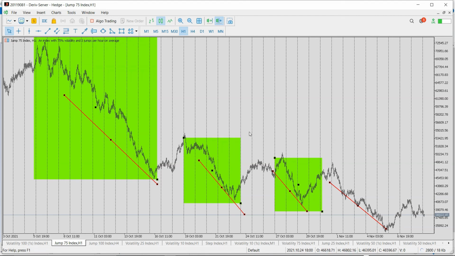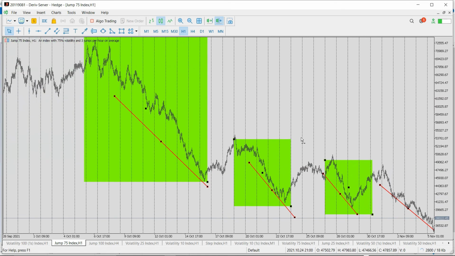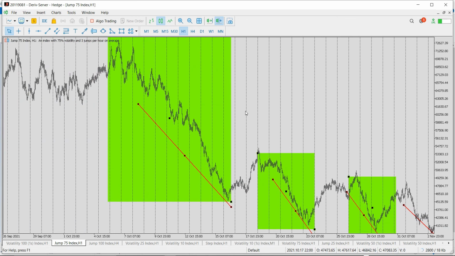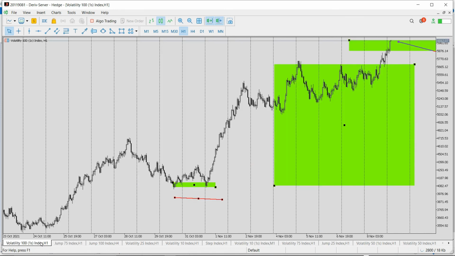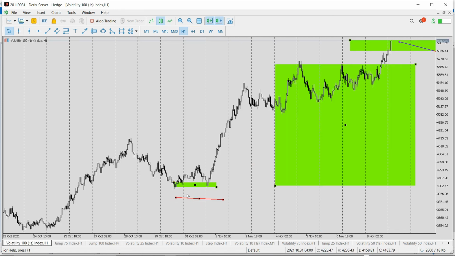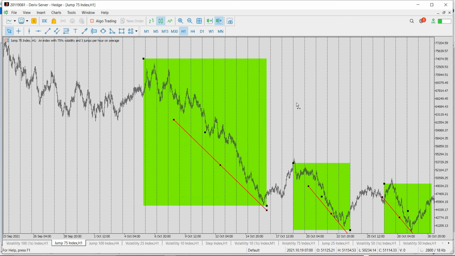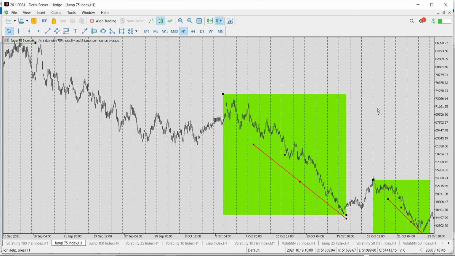So at this we are looking for our source, and we have to wait till we find a source before we enter the market. Like here we identified a breaker. Here you have to identify your source before you could actually enter the market.